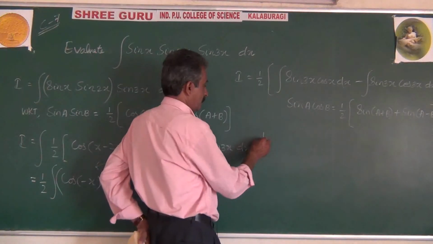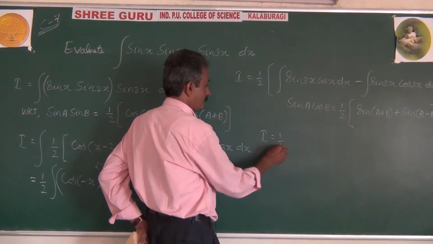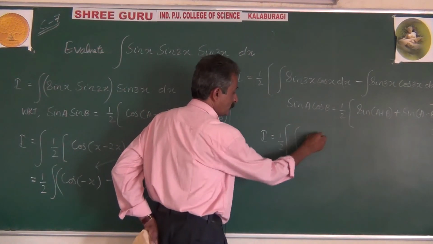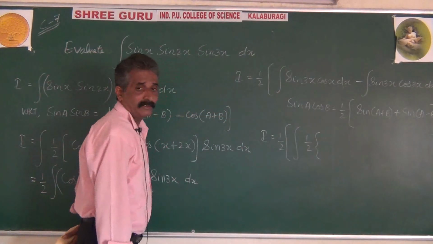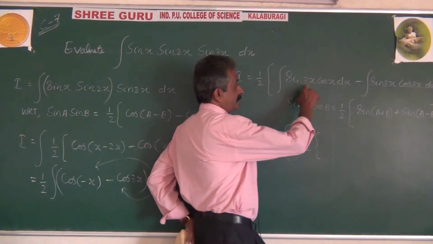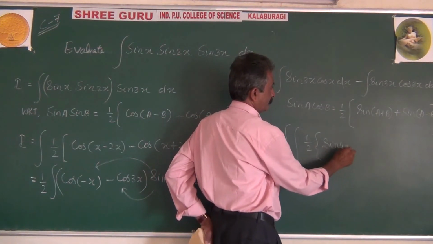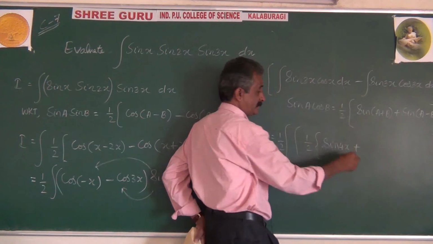So now I equals 1 by 2 bracket integration 1 by 2 bracket sin(A plus B), here 3x plus x, 4x. Then 3x minus x is 2x.